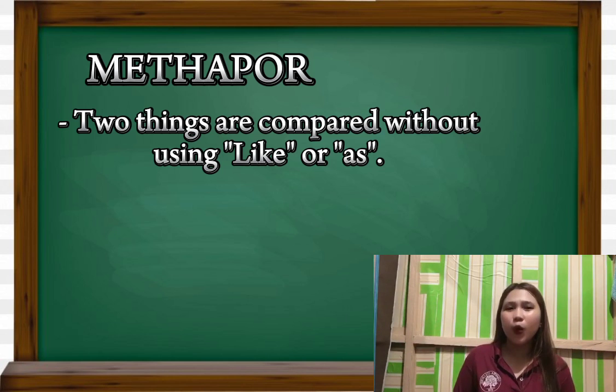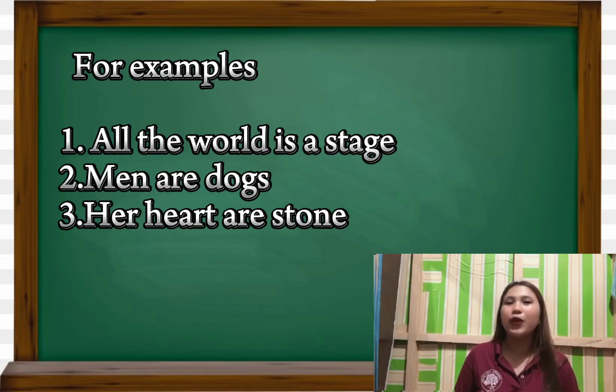Next, we have metaphor. When we say metaphor, it is the opposite of simile, because two things are compared without using like or as. For example, all the world is a stage.